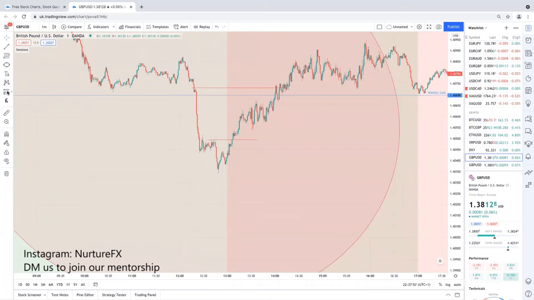So what we did here, and this is just to show you that regardless of your strategy, not every trade is going to work. Even though we didn't lose here, we weren't tagged in, and it was quite a nice gain.